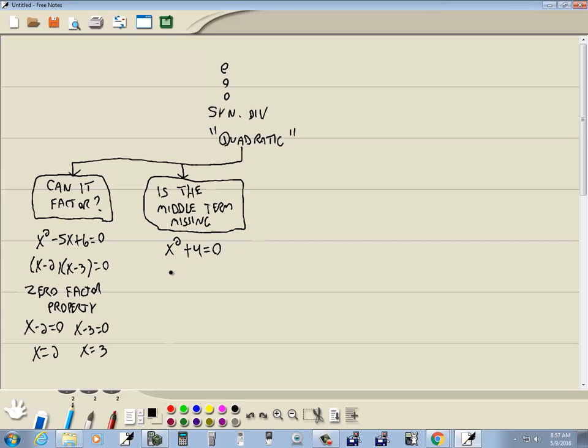Well, we want to get the part that's squared by itself, so you take the 4 over, gives us negative 4. And this is where you can use the square root property. Square root property says you drop the squared and you put a plus or minus square root on the other side. And we've already talked about this problem, so I won't go into detail, but that's how you'd solve that then.